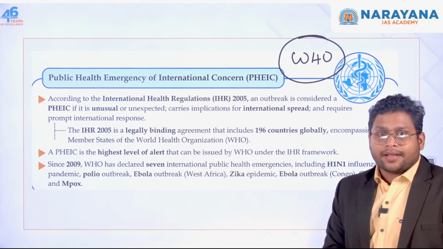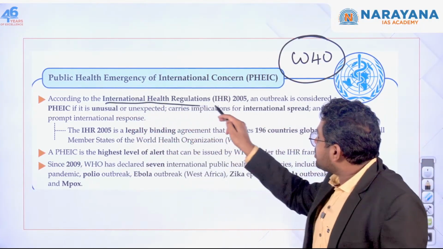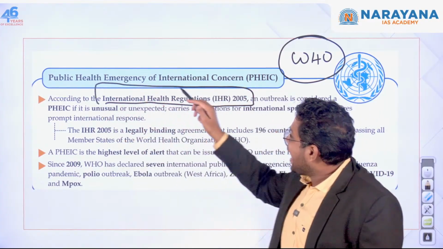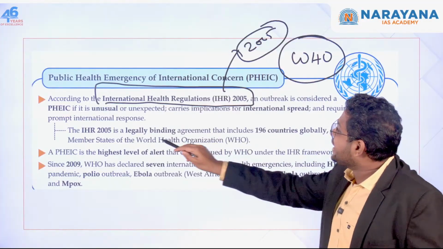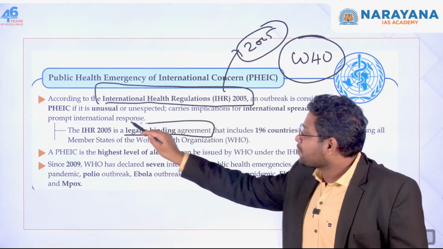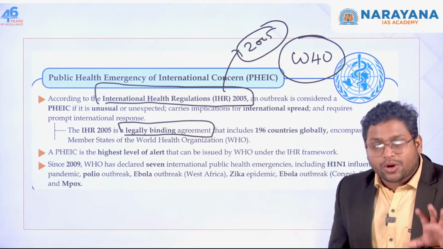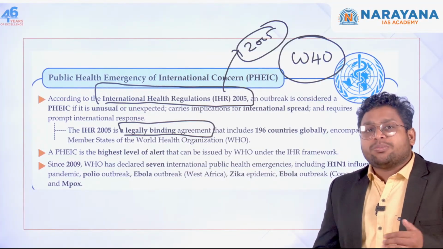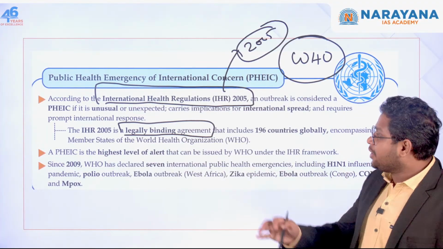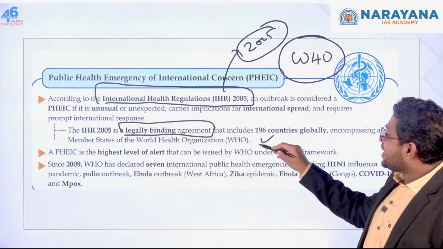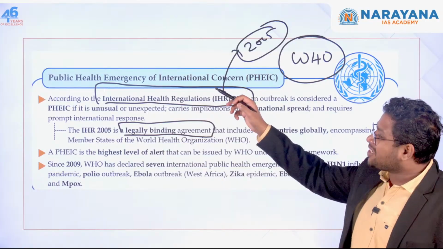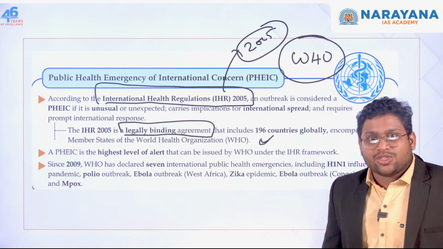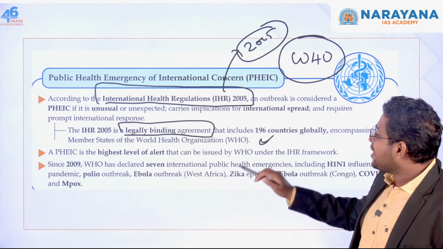The International Health Regulations came into picture in 2005, and it's a legally binding agreement. The members of WHO have signed this document, and that's the reason it is legally binding. Under this regulation, WHO brings in a notification.